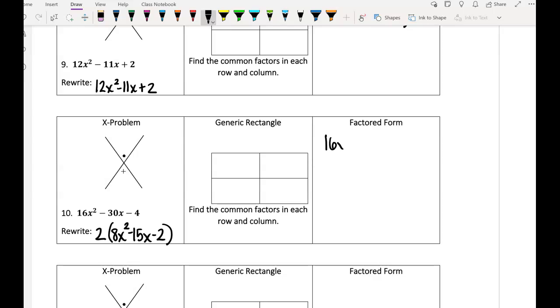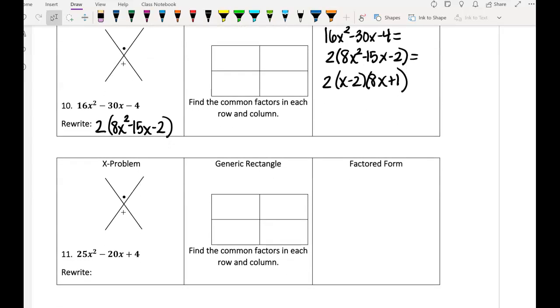So 16x squared minus 30x minus 4 equals 2 times the quantity 8x squared minus 15x minus 2, which becomes 2 times, and one of your parentheses here would be x minus 2, and the other parenthesis would be 8x plus 1, is how that should have factored out on number 10.